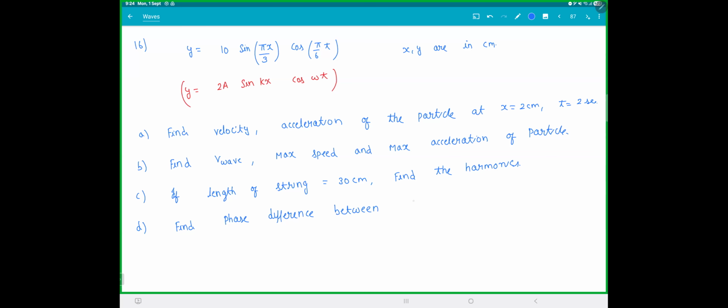Find the phase difference between x equal to 2 centimeters and x equal to 2.5 centimeters, and between x equal to 2 centimeters and x equal to 3.5 centimeters. Let's get all the equations.